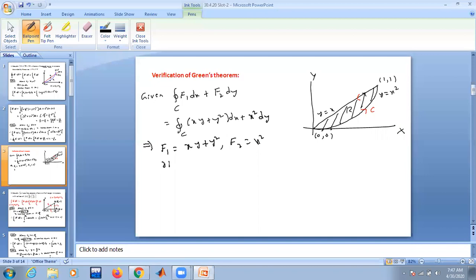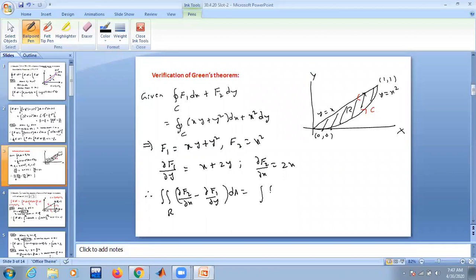Compute the partial derivatives. What is dou f1 by dou y? It is x plus 2y. And what is dou f2 by dou x? Dou f2 by dou x is 2x. Therefore, the double integral over R of dou f2 by dou x minus dou f1 by dou y dA.